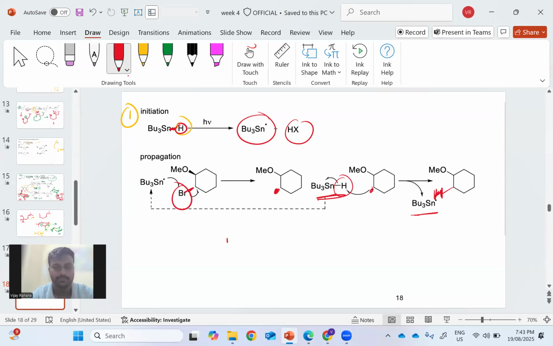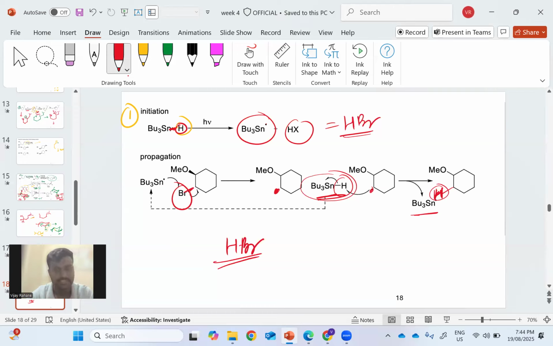It forms HBr, right? So this HX is the HBr. And now the second molecule, the radical formed on the carbon, again reacts with the second molecule of Bu3SnH. So it gives the hydrogen attached on this radical.